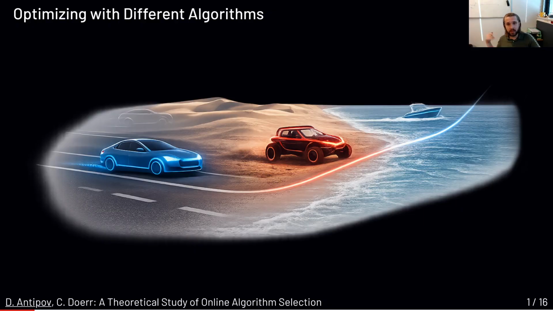To explain the idea of online algorithm selection, imagine that you have a race where the first stage has an asphalt surface, the second stage goes through a desert, and the third stage goes through the ocean. And there are cars for each of those surfaces which can be good, like a sports car, then some kind of a buggy, and then a boat.